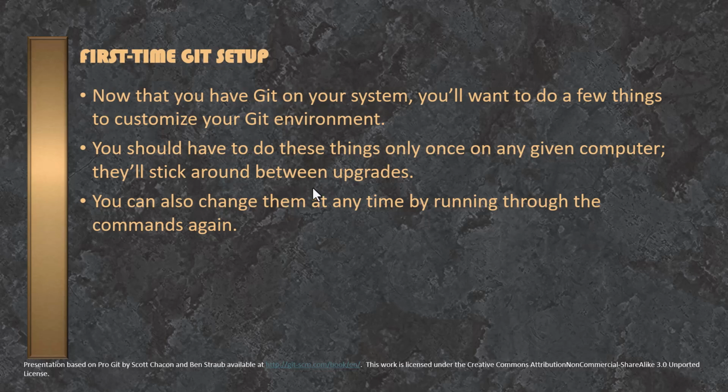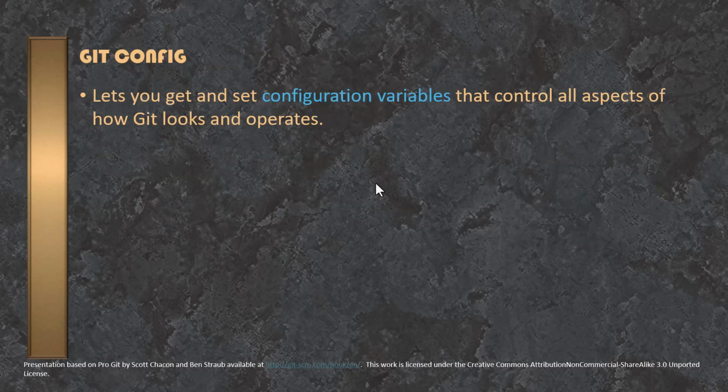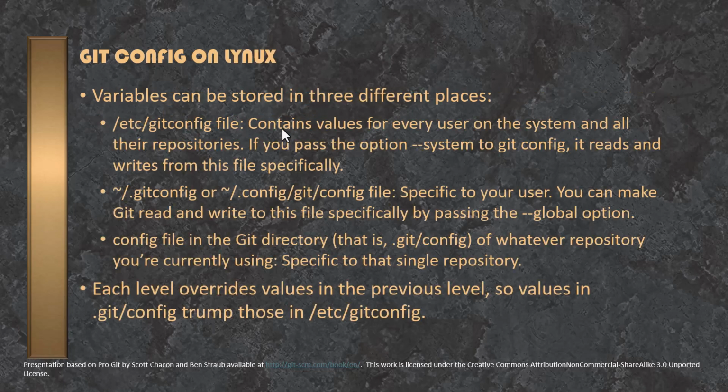There are some things once you have Git on your system that you'll need to do to customize your Git environment. And first is the Git config. There are some config variables that can be stored in different places. Basically it works in a hierarchy.